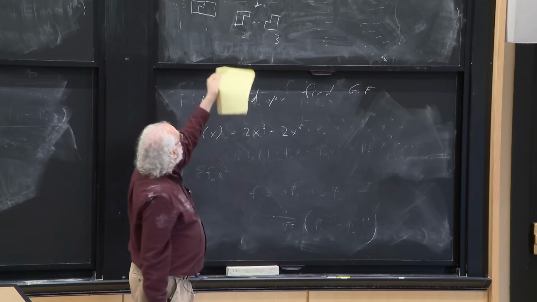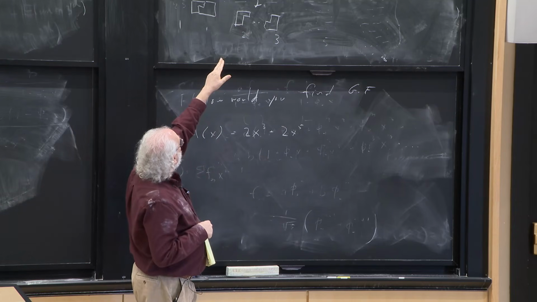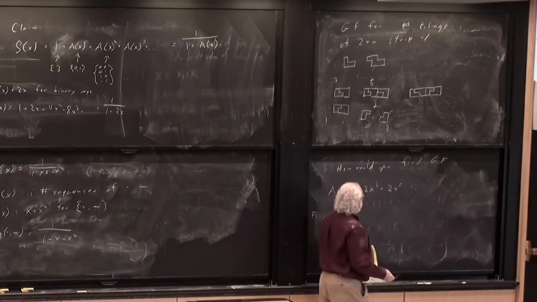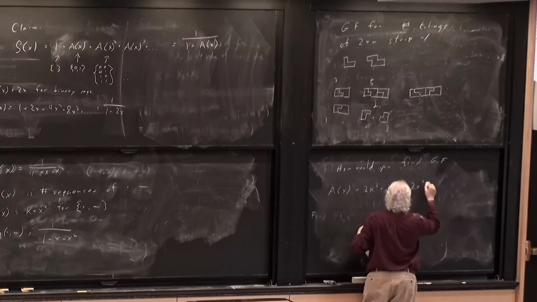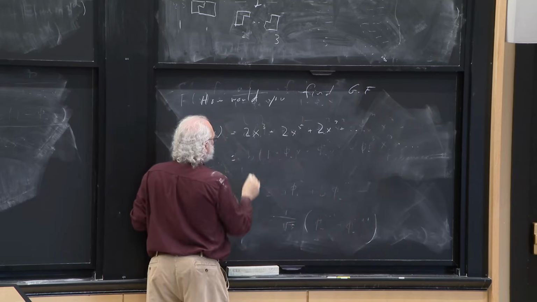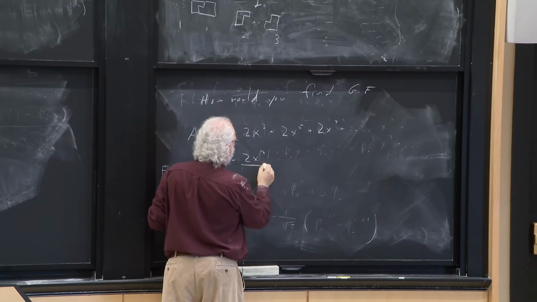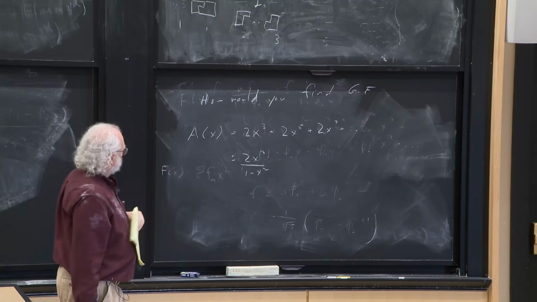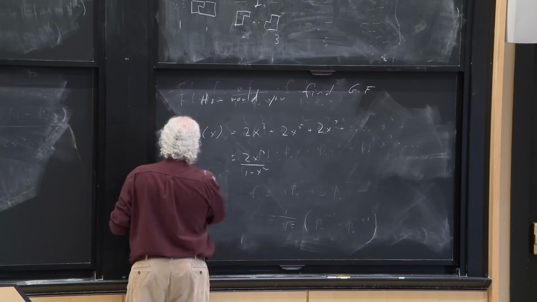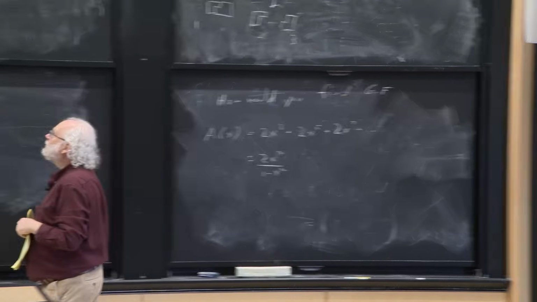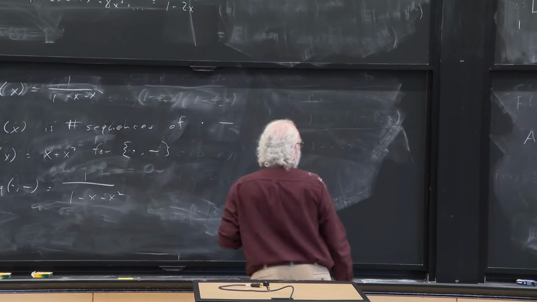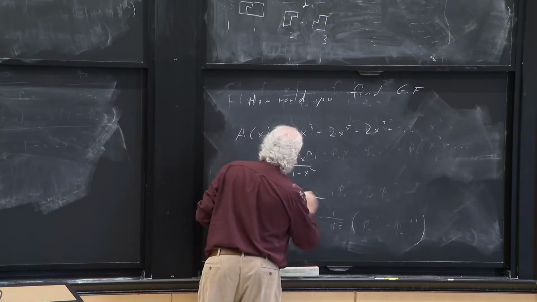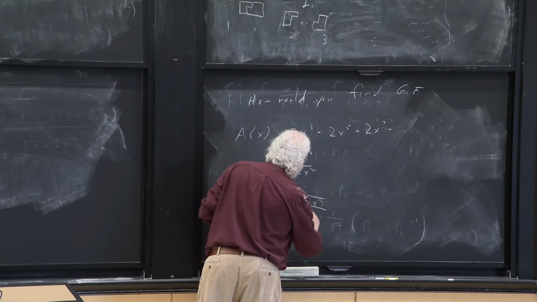There are 2 ways of tiling a length 7 strip. I mean, you just stick 2 z tiles instead of 1 z tile. So that's plus 2x to the 7th plus dot dot dot. And that is equal to 2x cubed over 1 minus x squared.